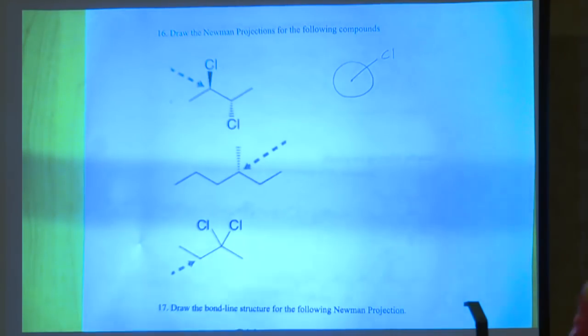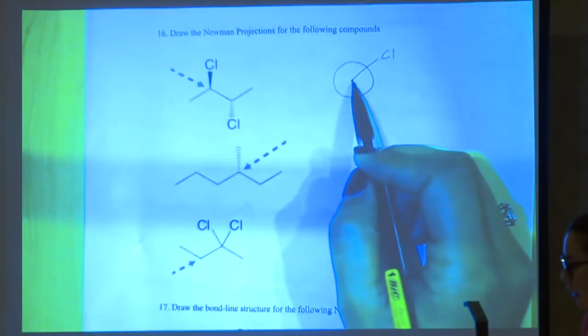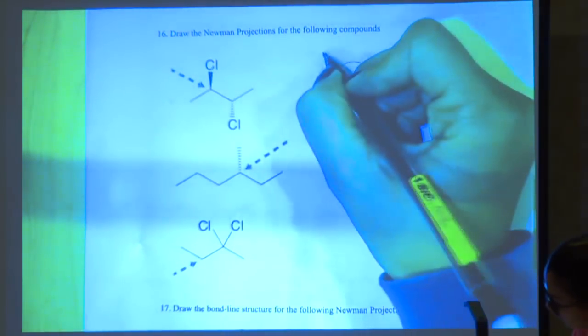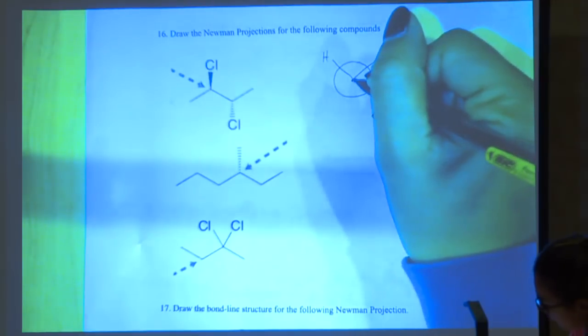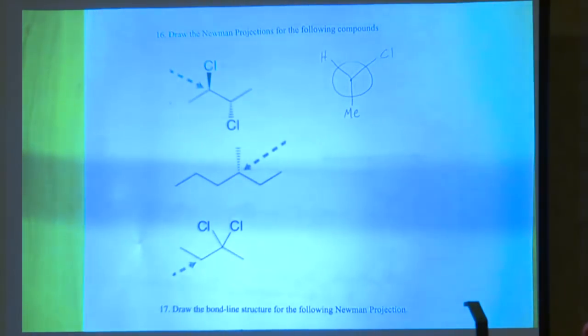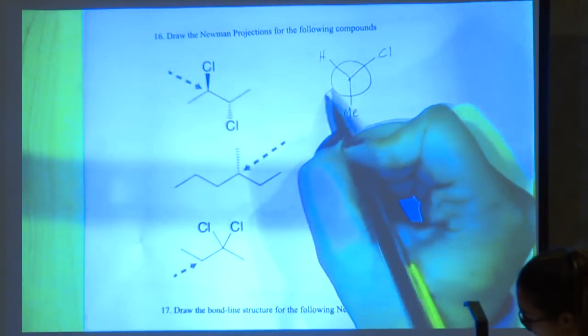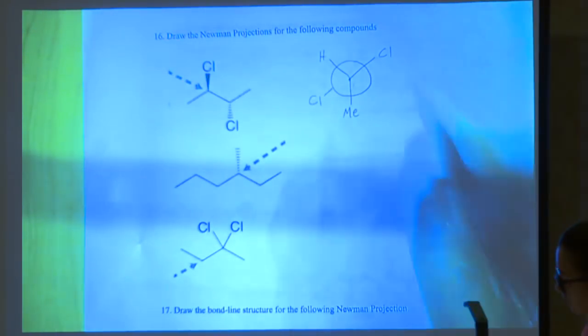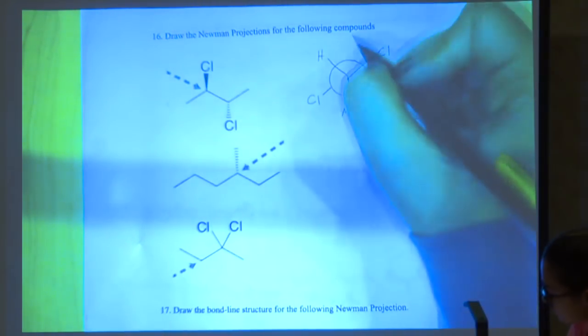To the right. Good. So we have that, and then what do we have on the left? Good. So we have a hydrogen, and then what do we have at the bottom? Good. And now to the other one, you got bottom left, chlorine, and then bottom right, hydrogen, and tippy top, methyl.